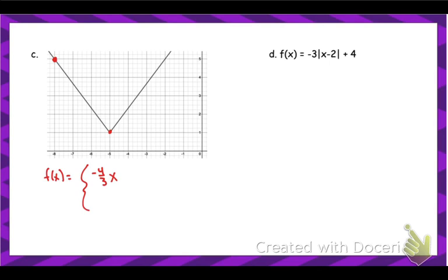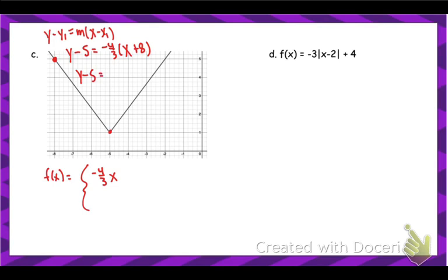So point slope form, y minus y1 equals m times (x minus x1). You can use either point. You can use the top point or the vertex. So I'll go ahead and use that top point up there. So I've got y minus 5 equals -4/3 times (x plus 8).